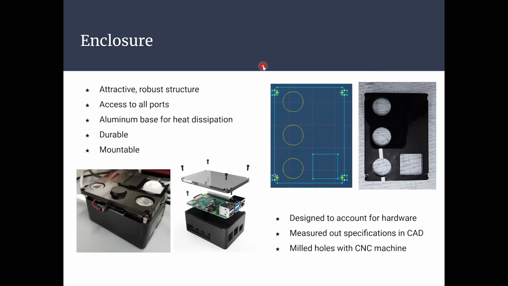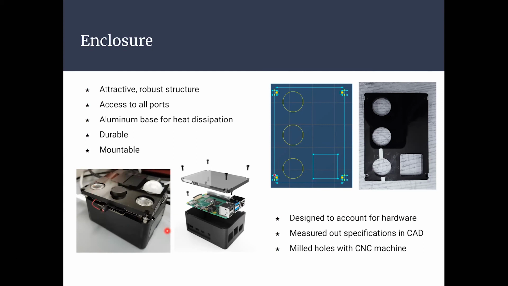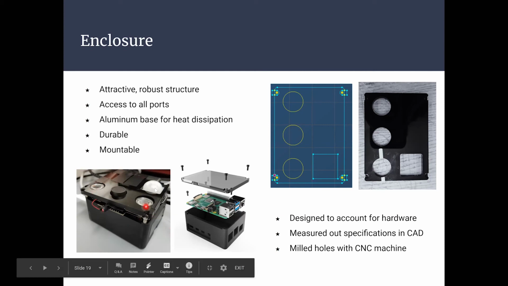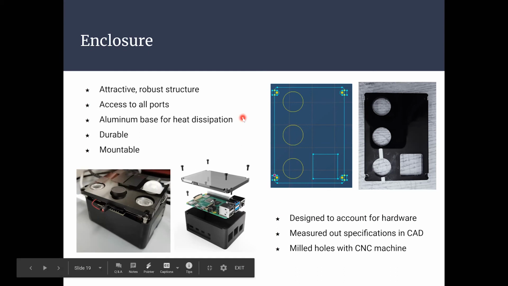So an important requirement is also having an enclosure for our device. So here is our product. The photoresistor is kind of sticking out here, and this is the camera lens, the IR LEDs, and the passive infrared motion sensor. So we wanted to build an attractive, robust structure for this in order for it to be successfully mountable.